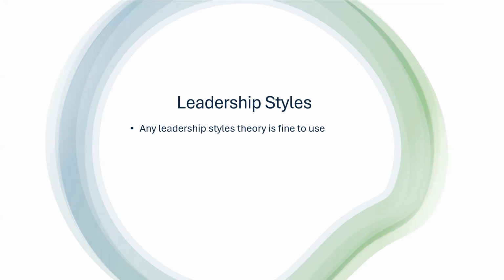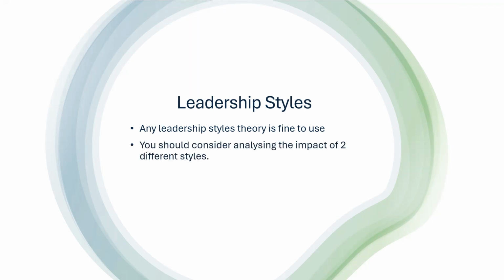There are many different models, approaches and styles of leadership which have emerged over the years. There's Lewin's autocratic, democratic, laissez-faire styles of leadership. There is McGregor's Theory X, Theory Y. There's transactional or transformational leadership. The sky's the limit. But what I would say is just choose 2.